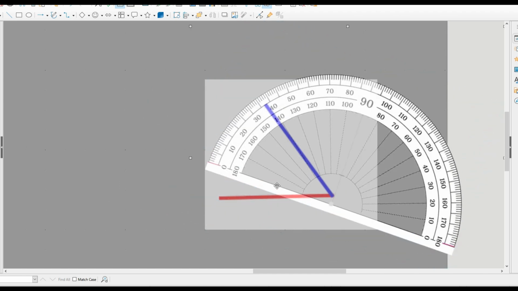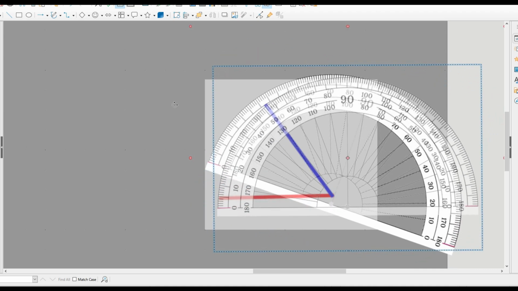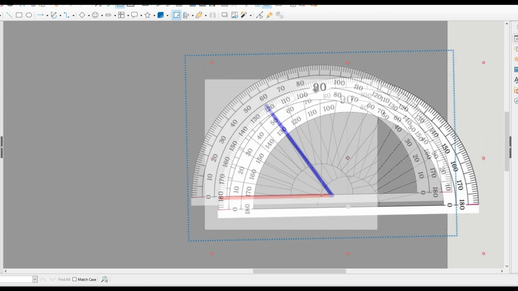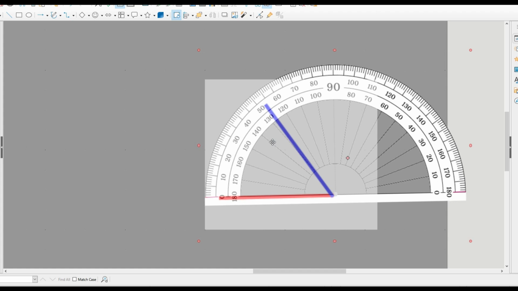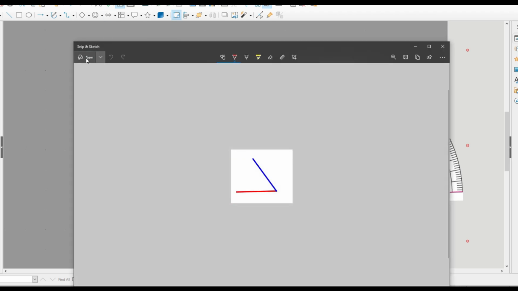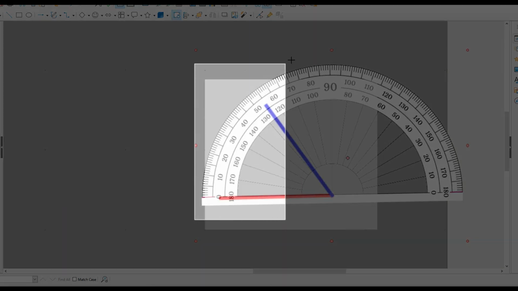In our case, I do this first: I will align the arms and then the center. That's my way. Then I'll take a screenshot and go over there and explain.